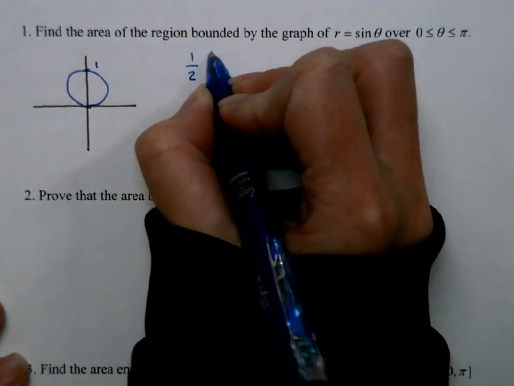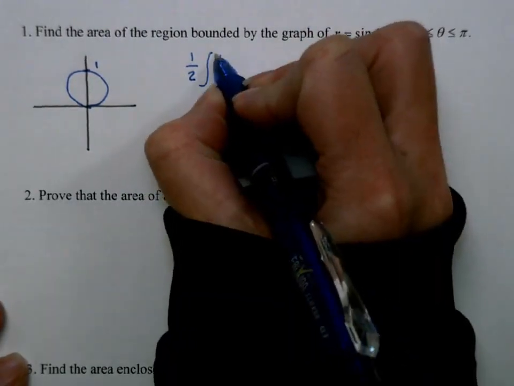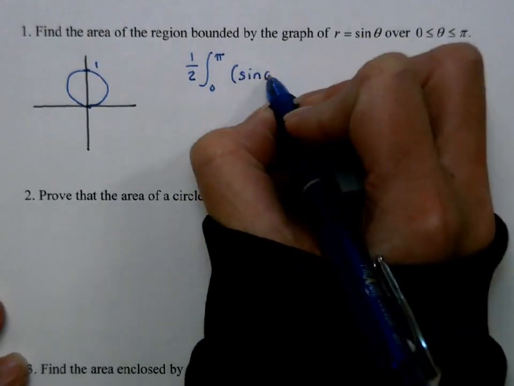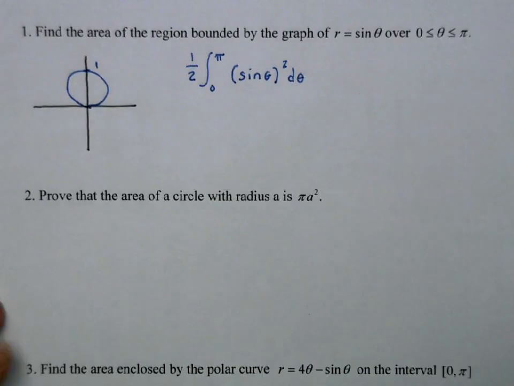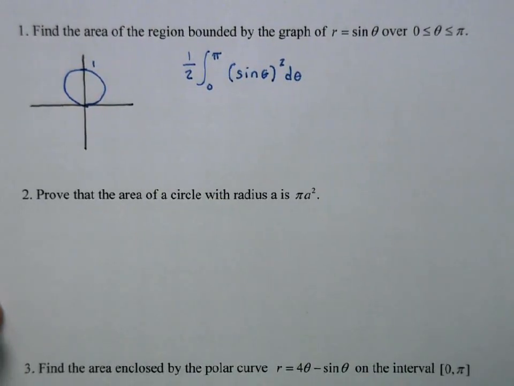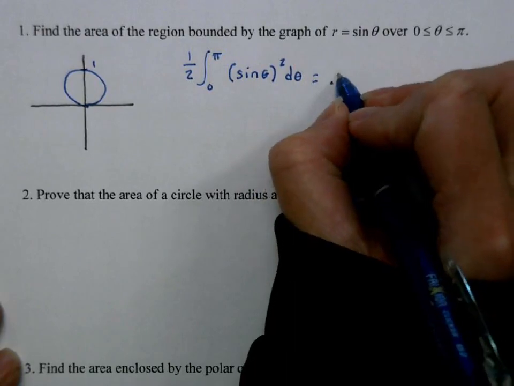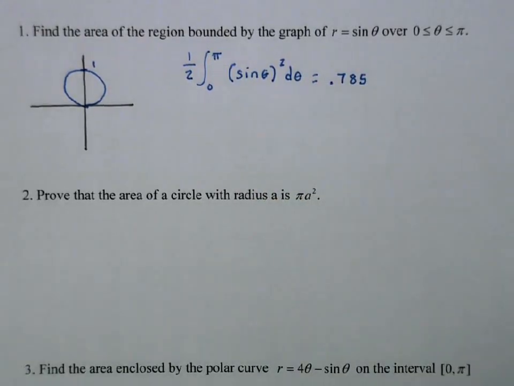1/2 the integral, theta 1 is 0, theta 2 is pi, of our function sine theta squared, d theta. Now for right now, we can just type this into the calculator and we get 0.785. Well, let's think about this geometrically.